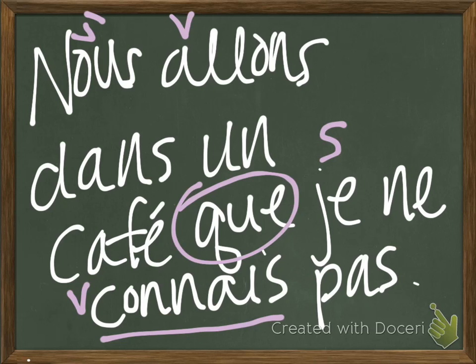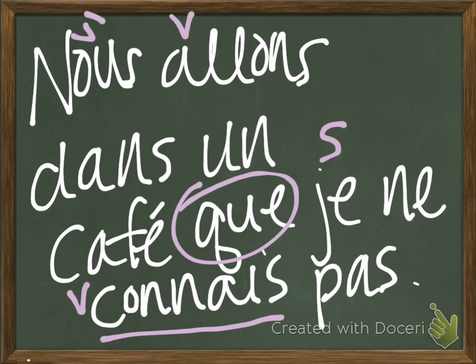Okay. So what I'd like you to do is pause the video and try numbers 1 through 7. This is where you're deciding which one it is, que or qui. Now again, remember, after que, you have a subject because que is replacing the direct object. After qui, you have a verb because qui is functioning as the subject of the sentence.